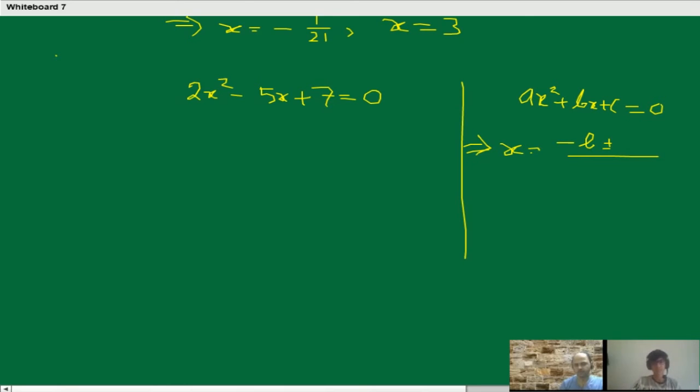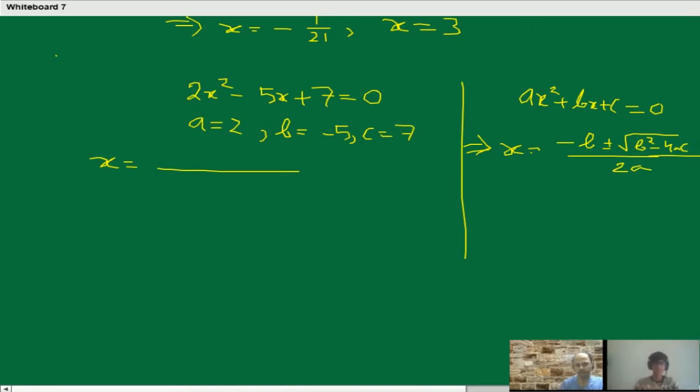So here it would be negative b. If we compare the values over here, a is 2, b is negative 5 and c is equal to 7.